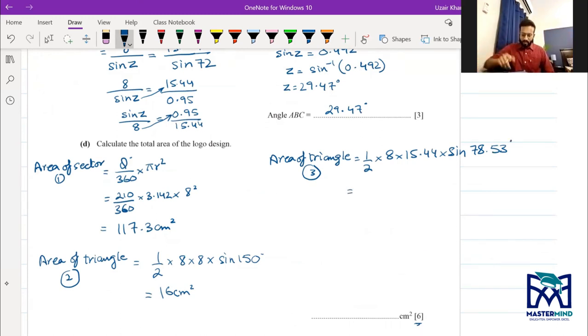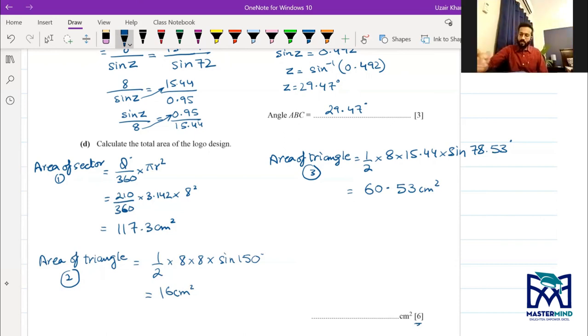Using the calculator, we'll find it out. And that is 60.52. Actually, it's 526, so I'm going to make it 60.53. It's okay to leave the values at 2 decimal places when there are too many decimal places.